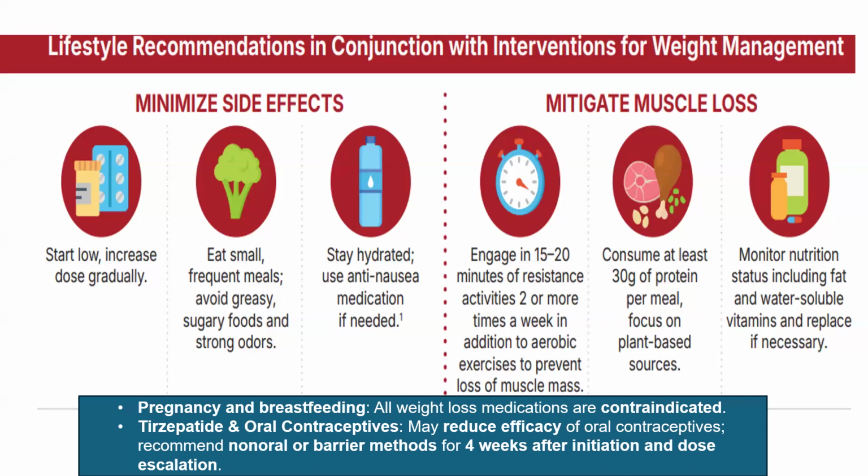That's why the guidelines recommend that the patient should engage in 15 to 20 minutes of resistance training activities at least 2 to 3 times a week, including weightlifting. Consume at least 30 grams of protein per meal. Focus on plant-based sources. Monitor nutrition status, including fat and water-soluble vitamins, and replace with multivitamins if necessary. So extremely important as well when you're undergoing the weight loss therapy, as now clearly defined in the guidelines.